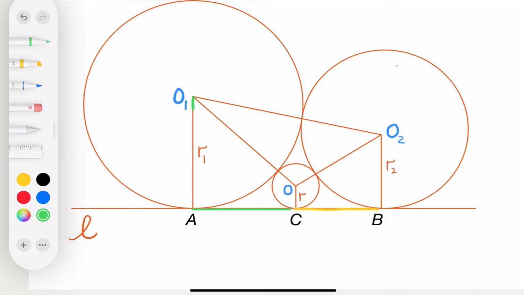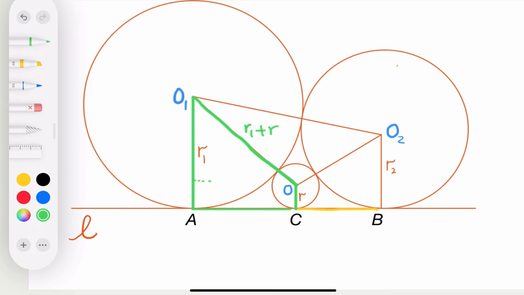This is R1, and here this is R, where R is the smaller circle. And this length here is going to be R1 plus R. So you use similar logic here.